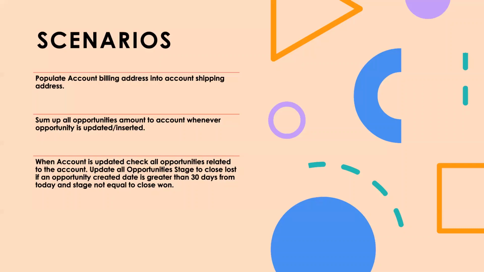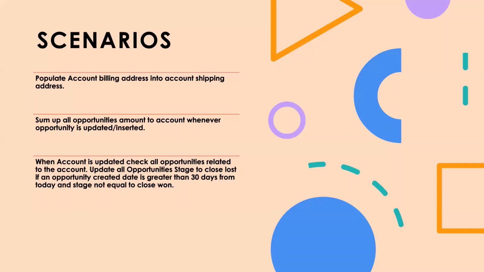Whenever you update the account, your logic should check all the related opportunities, and if the opportunity created date has already crossed 30 days, and the stage is not equal to closed won, then it should update the opportunity stage.